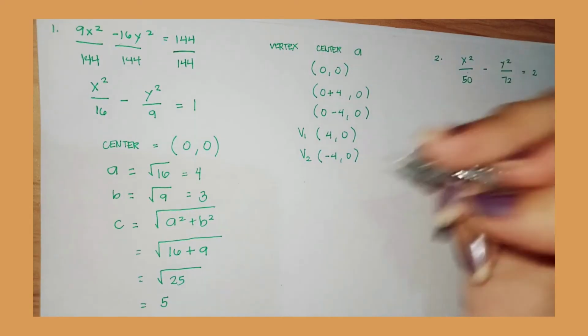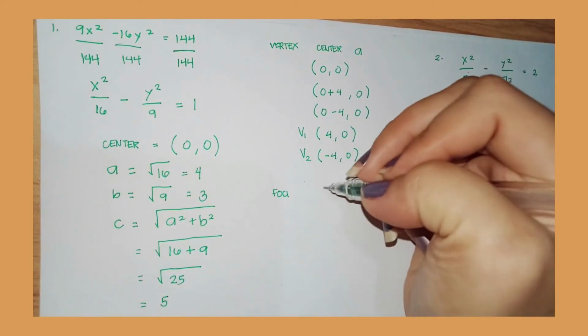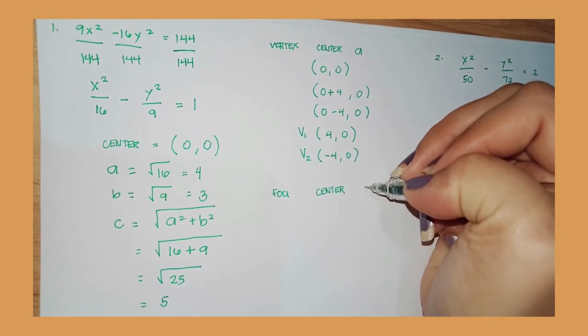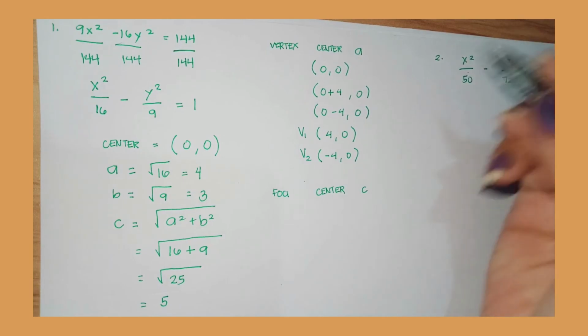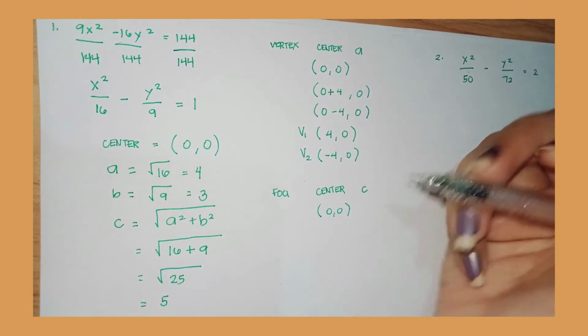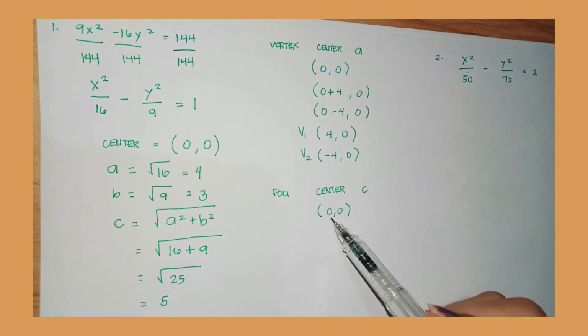Let's find our foci. How do we get the foci? We again need to consider the center and also letter c. Our center is the same, 0 and 0. And our c is 5. So what we will do is add and subtract 5 on the first number.